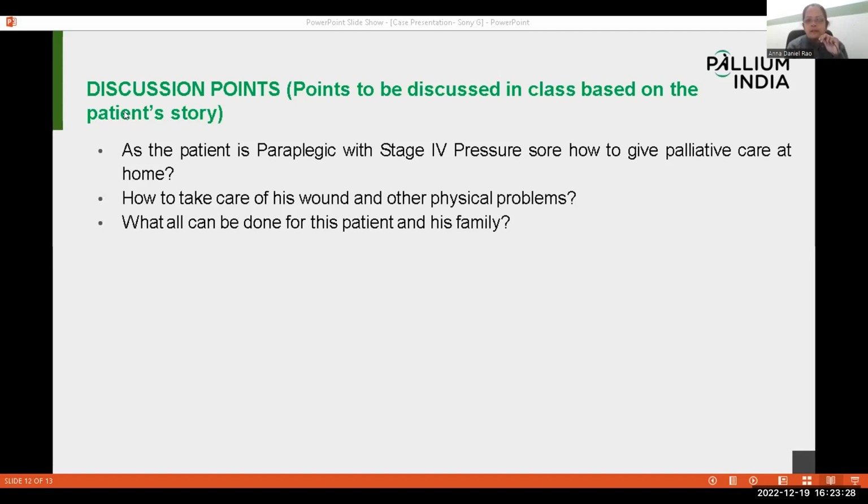Wound management we have seen, right? Physiotherapy also, sister told that the patient needs to do. If the patient is in the hospital right now, he can be taught what simple exercises can be done. And when he goes back, again that burden will be on the caretaker to get the exercises done by the patient.